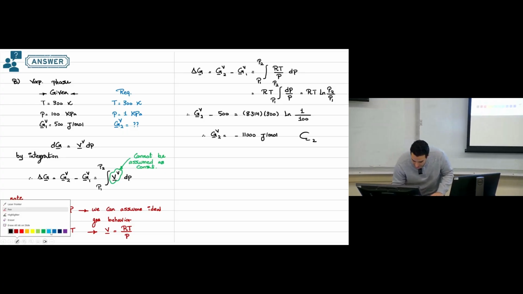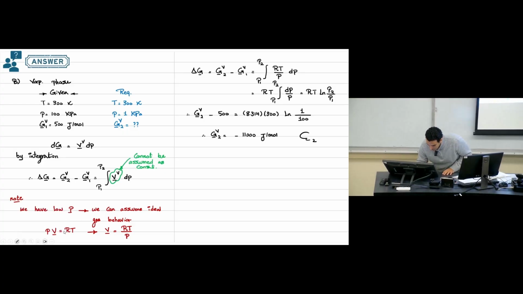So now let's compare this. We have 300 Kelvin and 1 kilopascal. At this condition, if I have liquid, then the molar Gibbs free energy for this liquid is negative 12.4 joule per mole.